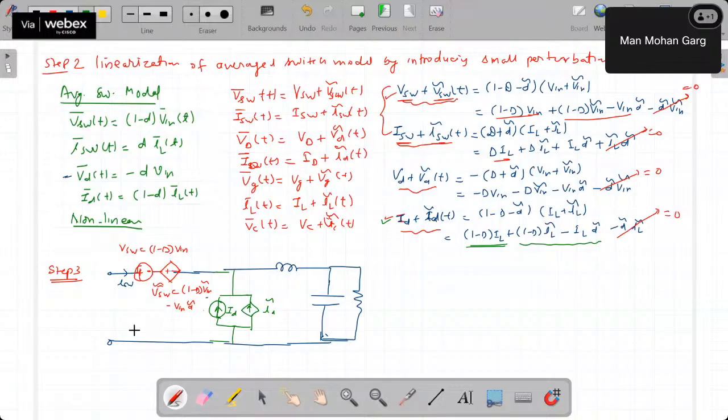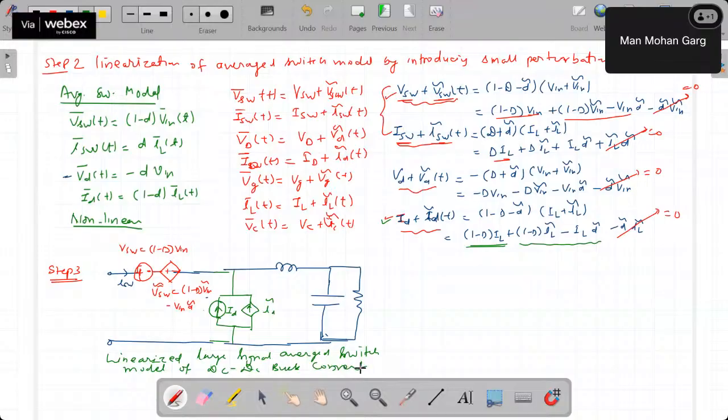Now this circuit is called the linearized large signal average switch model of the DC to DC buck converter.